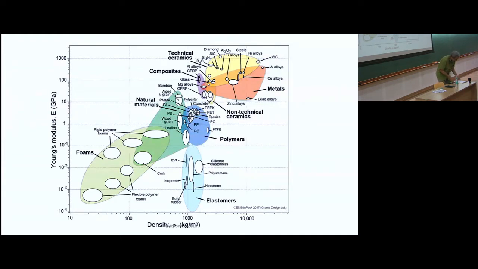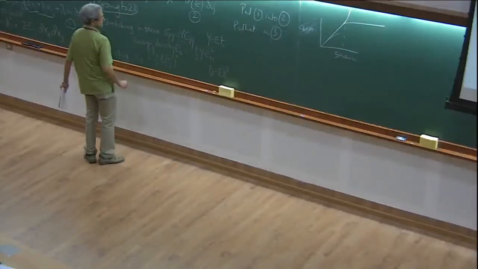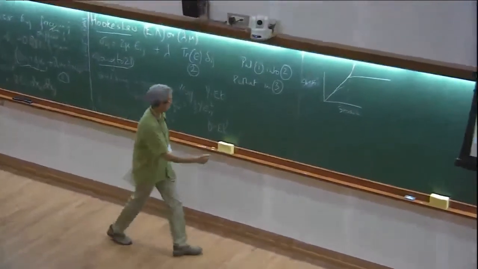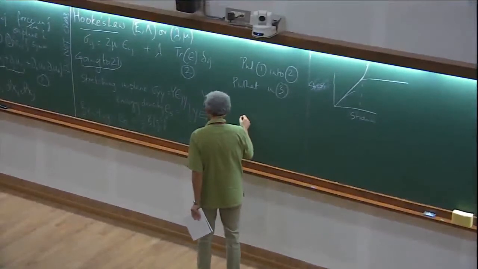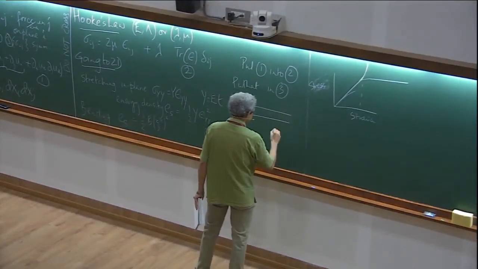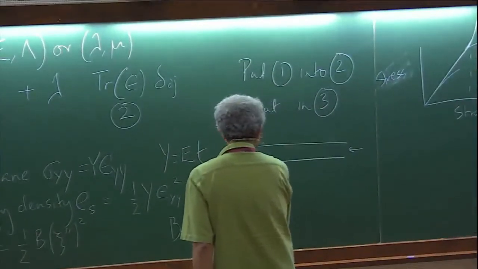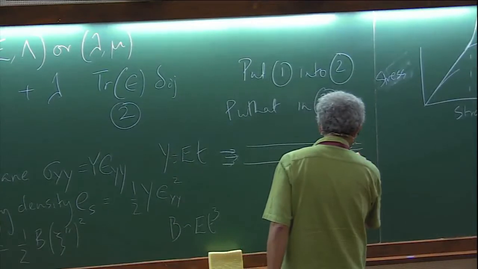Okay, so just so you have a sense of where materials are, I want to come back now to where we were yesterday. So we talked about now going to 2 dimensions, which meant integrating over thicknesses. So we thought about taking a material like this and compressing it or stretching it in plane.